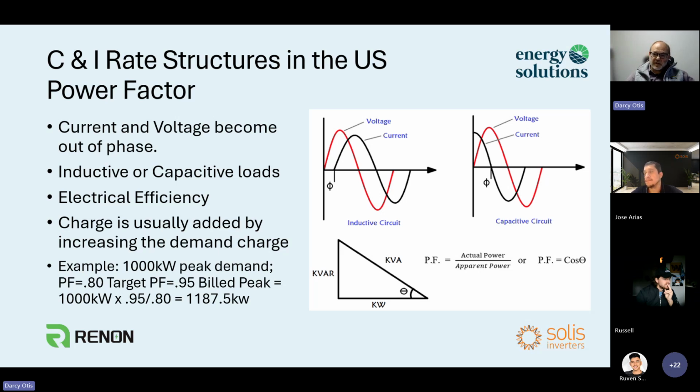Without getting too complicated into the actual formula of it, since your voltage and current are out of phase, then at any given time the actual power is less than what it could be, the apparent power, and therefore there's an efficiency there that's not as efficient as it could be in using power within the facility. That's kind of the simplest way.